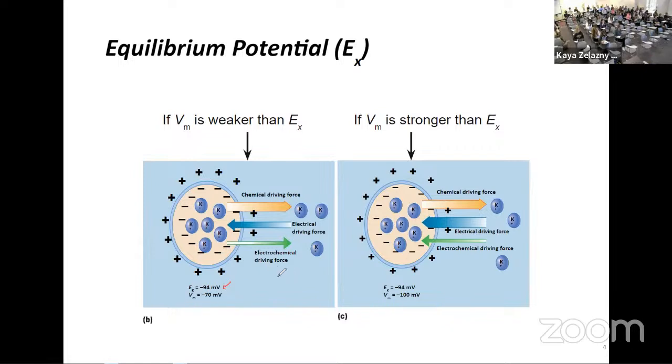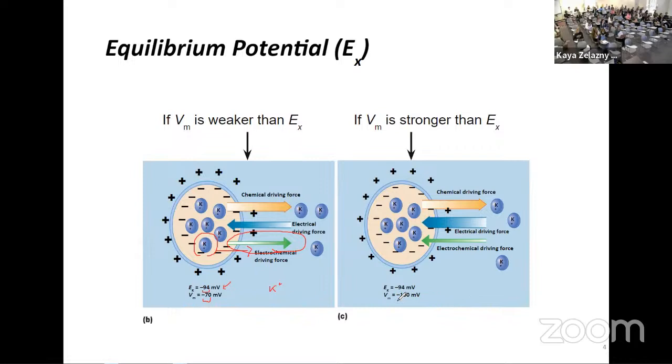Since potassium is a positive ion, we're at -70, want to get to -94. We need to make the inside of the cell more negative. One way we could do that is by taking this positive ion out of the cell. As we do that, we get more and more negative towards that equilibrium potential. And that's the direction of the electrochemical driving force in this situation. It works for the other example as well.